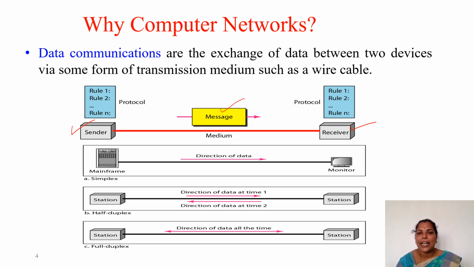Another thing is the medium. The fourth one is the medium. Medium in the sense of how the message travels from sender to receiver, through some communication link or some path. Only then is the message communicated. So the medium plays a vital role. And finally the protocol. Protocol in the sense that we have some set of agreed rules.